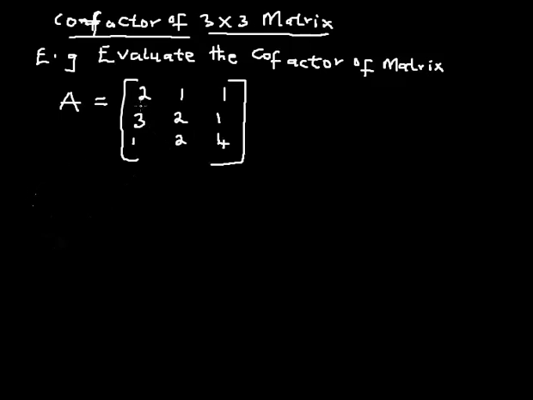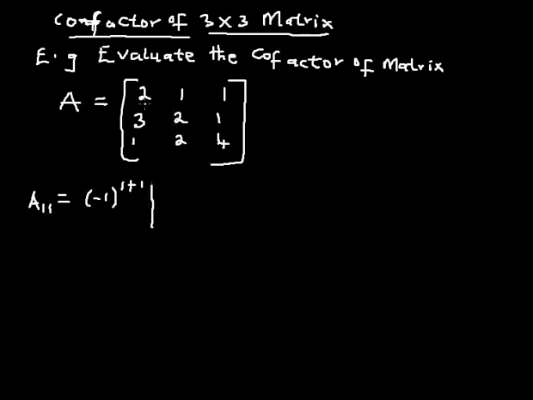So let's start with the minor of the very first element, which of course is a11. You know how that's going to be. That's going to be minus 1 raised to 1 plus 1, where 1 is the position of both the row and the column, then of course times the determinant of its minor.